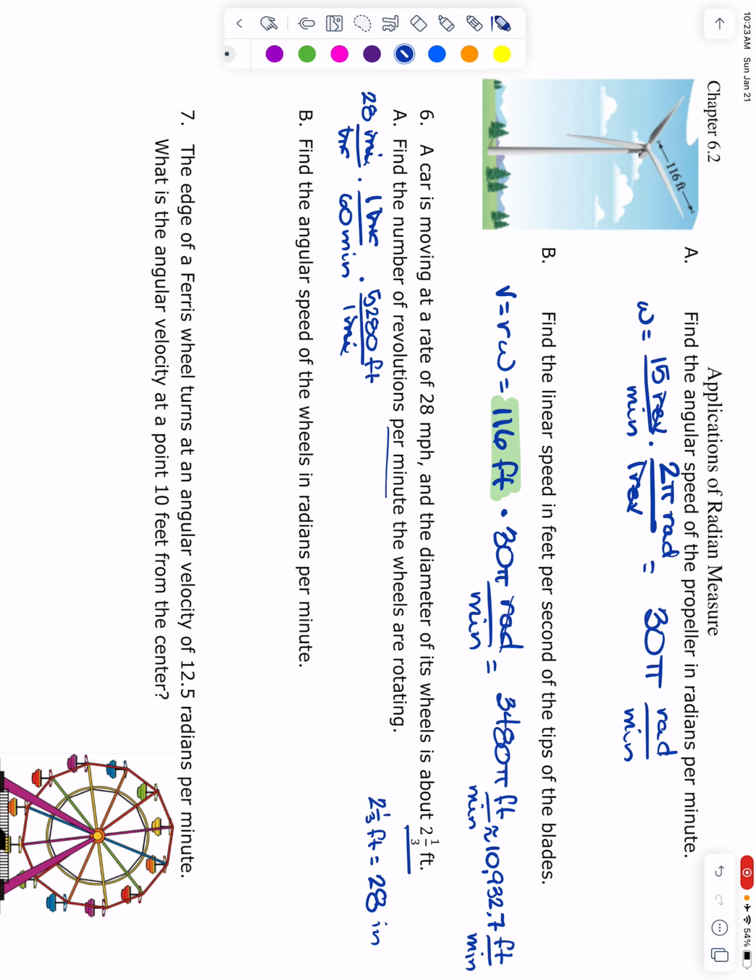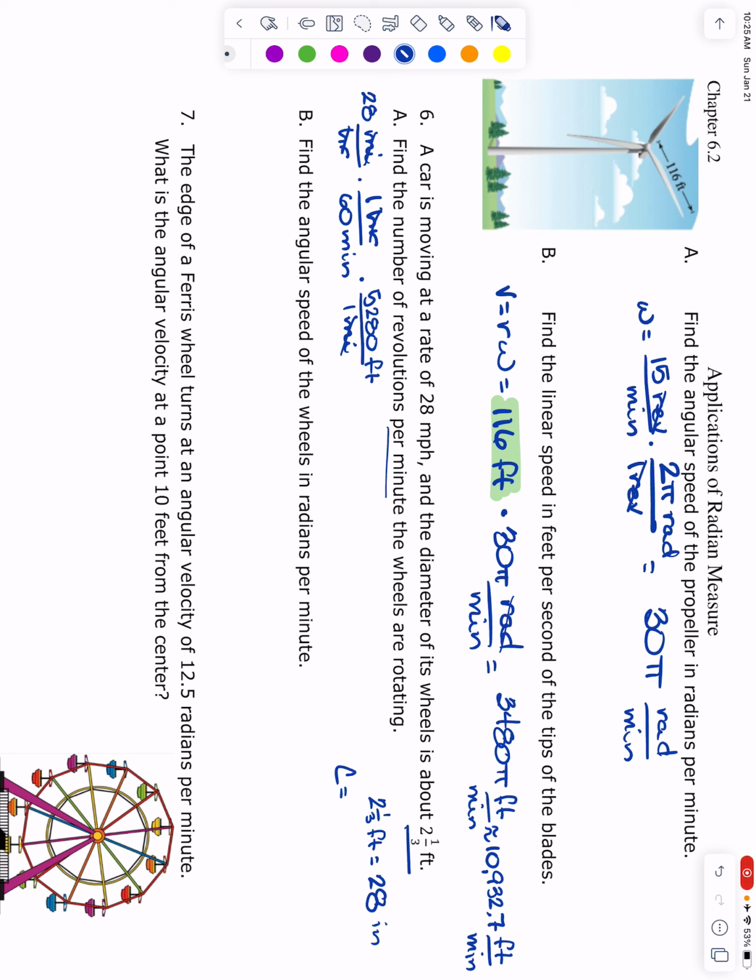And because I don't have any specifics about whether I want this in inches or feet, I am kind of inclined to do this in terms of inches. Even though it's got feet. Okay. So I think I just said I was going to convert to inches. I don't think I'm going to do that.